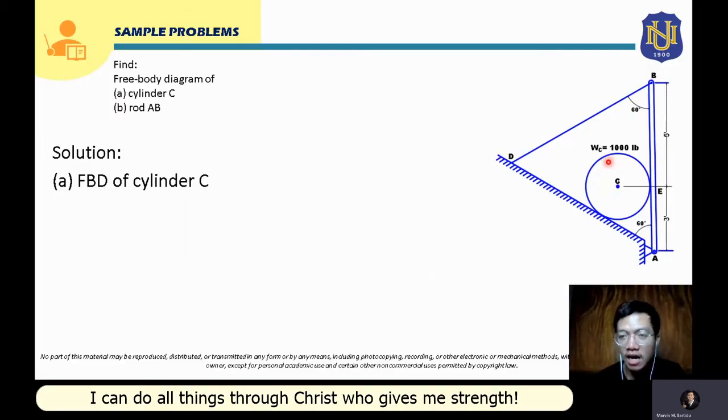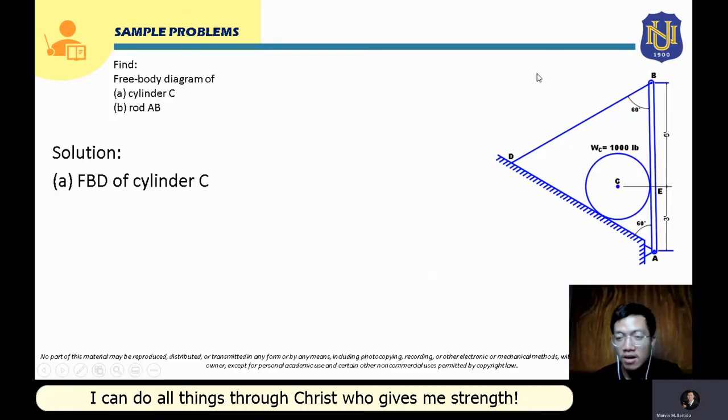The cylinder C is actually supported by this surface here, which is a frictionless surface, and it is also supported by this rod AB. This will just be equivalent to a surface also, like a surface that supports this cylinder. So those are the supports.